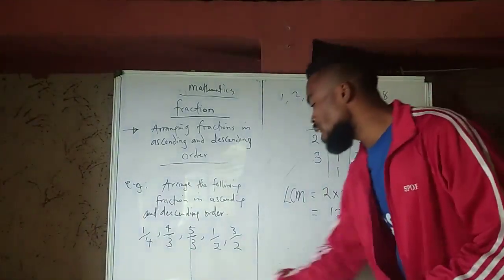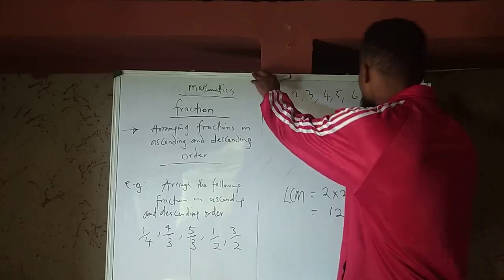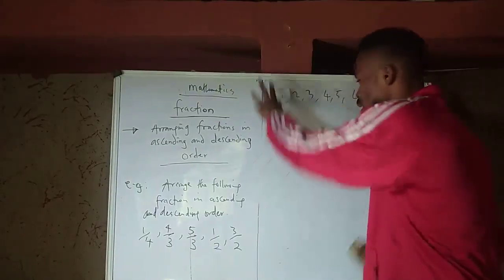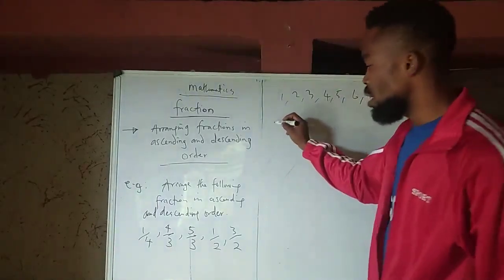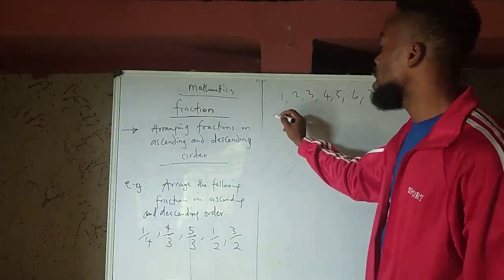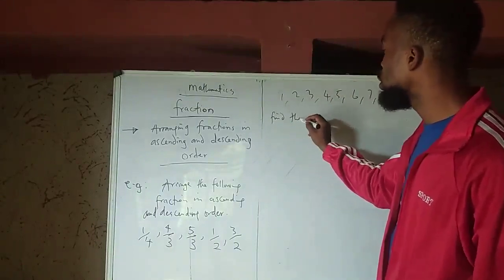Now that we have gotten the LCM, the first step is to find the LCM of the denominators.